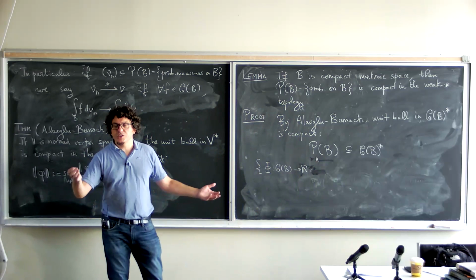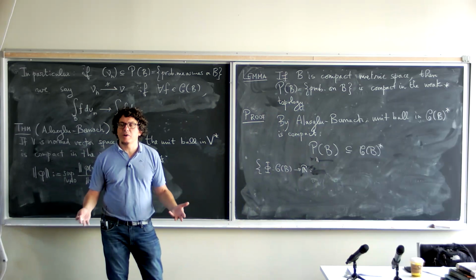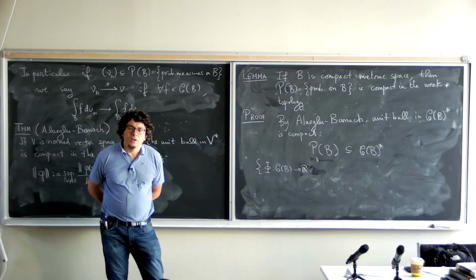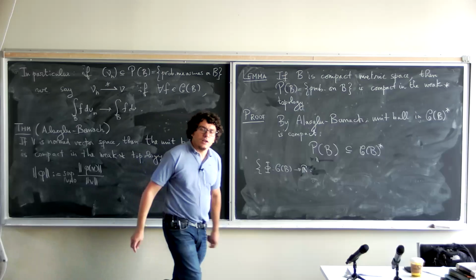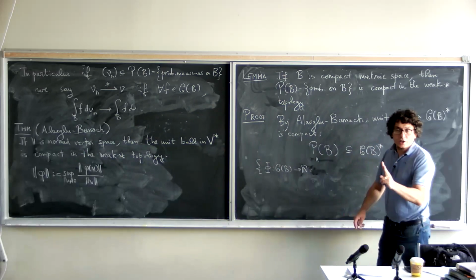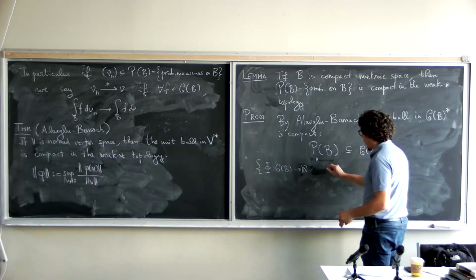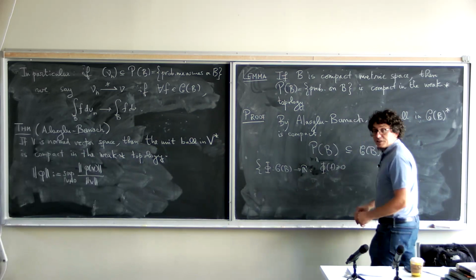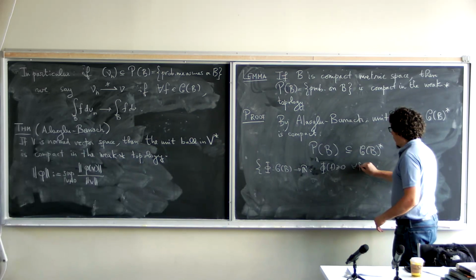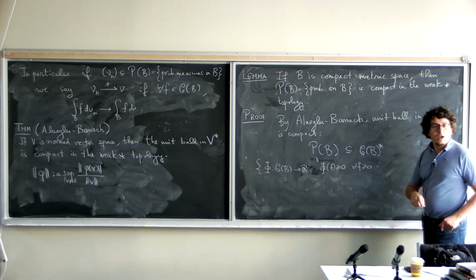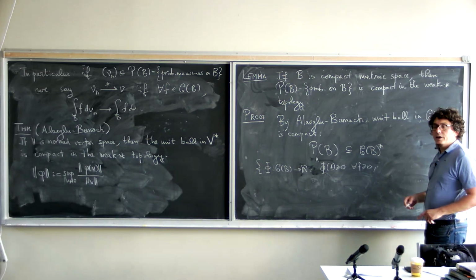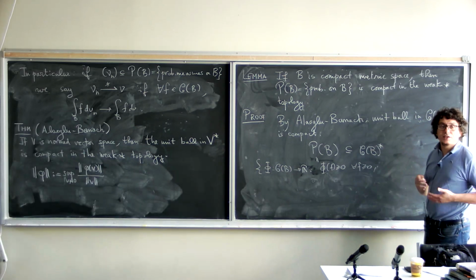And what are the properties of an honest probability measure? That's exactly right. So it has two properties. It's positive: phi of f is positive for every positive f. And the second one is that the total mass is 1.